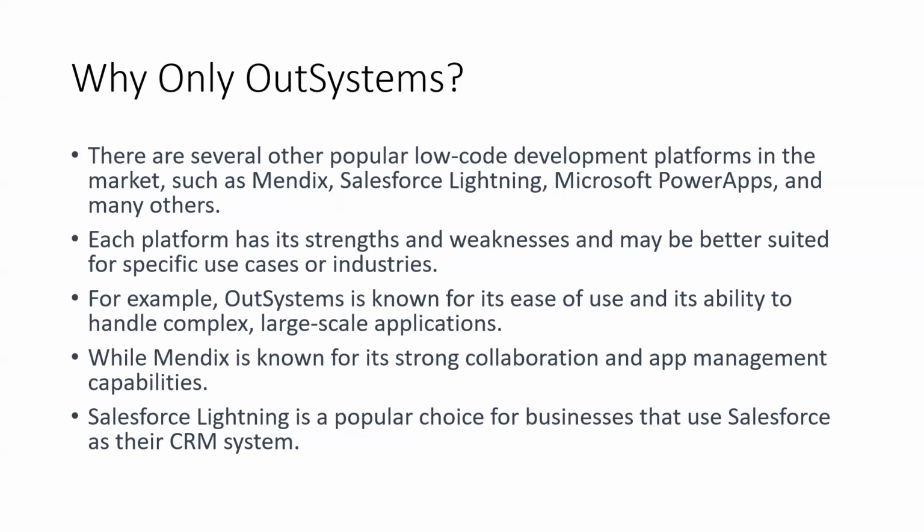For example, OutSystems is known for its ease of use and its ability to handle complex, large-scale applications. Mendix is known for its strong collaboration and app management capabilities. Salesforce is popular for CRM. Similarly, Pega is also a low-code platform, which is popular for BPM, business process management.